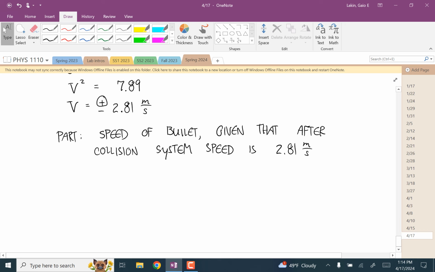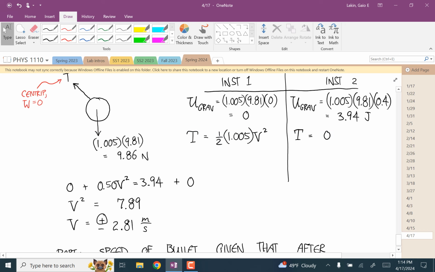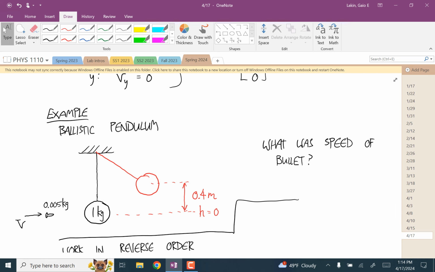We know that before the collision, the bullet is moving in the positive x direction. Right after the collision, if you think of a tangent to that circular path, the block is moving in the positive x direction, right? If there's your circular path down here, the velocity is this way.